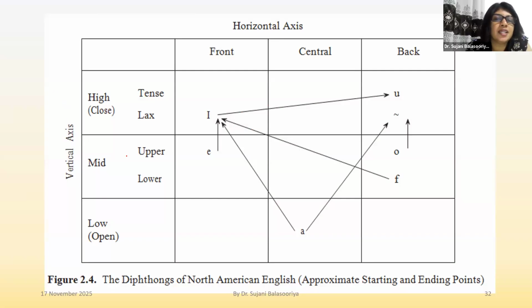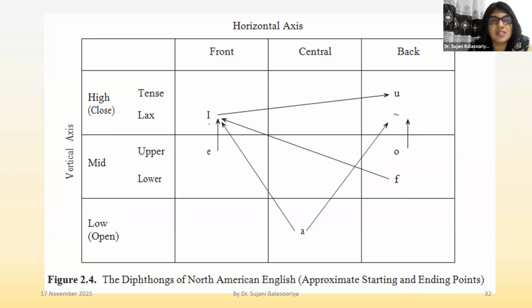So this is the vertical axis and horizontal axis. Front, central, back. You already know about the front area, central area, and back area of the tongue, right? Then high, mid, low positions too, whereas tense, lax, upper, lower, middle, like that. Then these are some of the directions, of course.